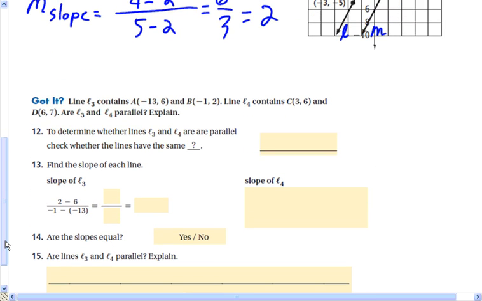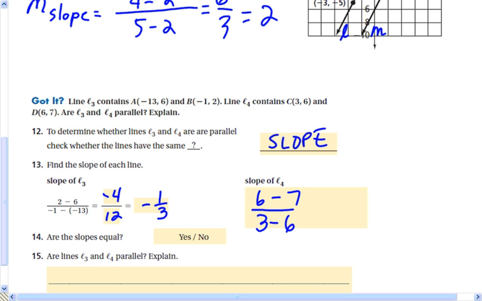All right, number 12. To determine whether L3 and L4 are parallel, we want to check to see if they have the same slope. So we're going to enter those values into the slope formula, and we end up with -1/3. The slope of line 4, L4, is equal to minus 7 divided by the quantity 3 minus 6.